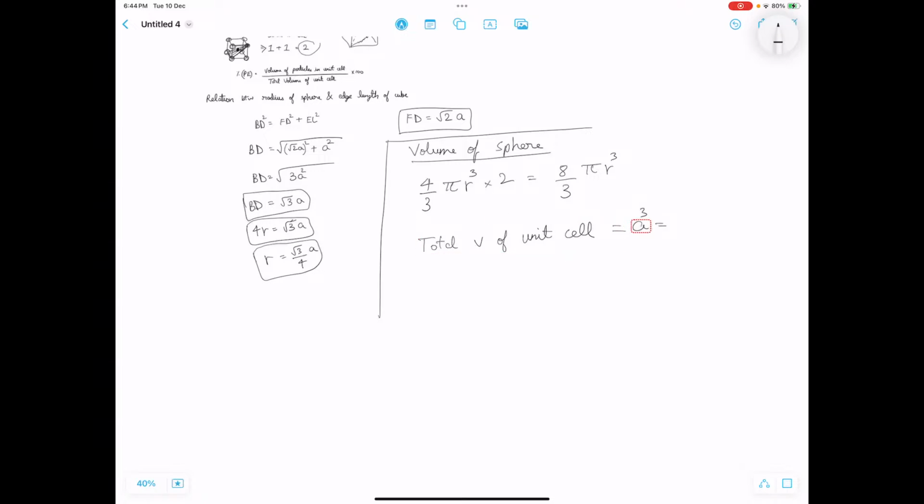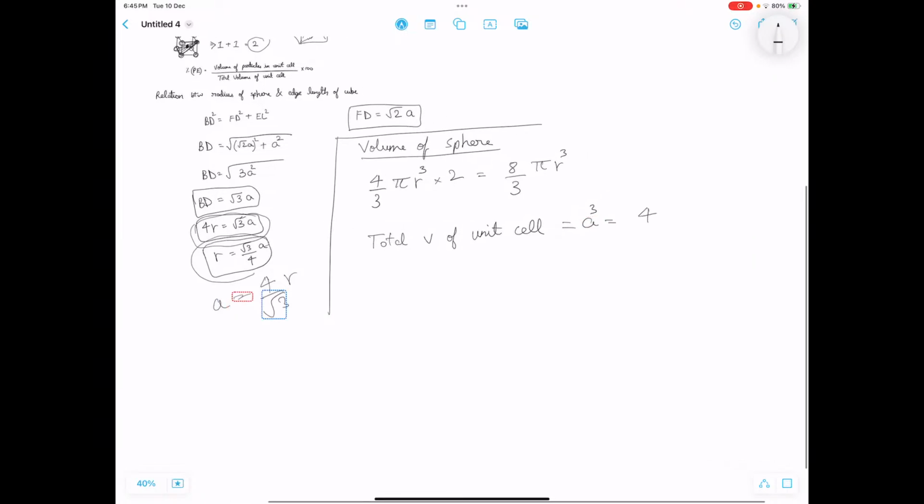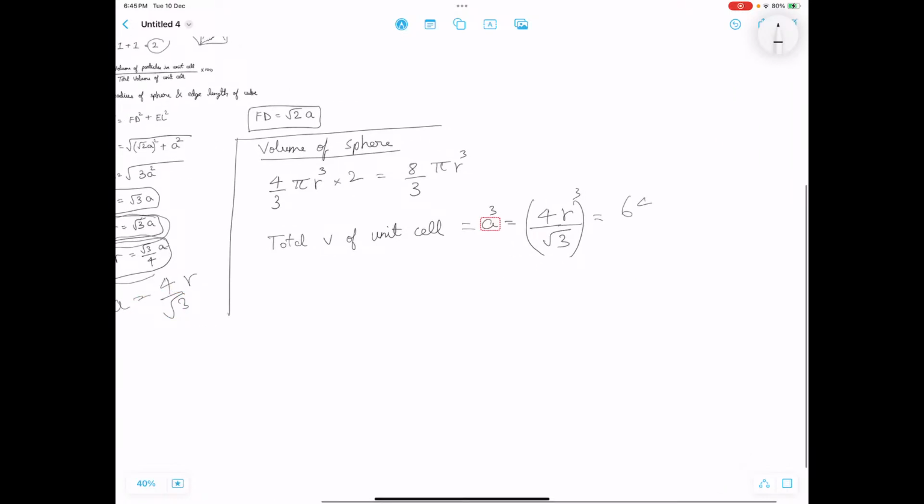We can take the value of a from this equation and get a is equal to 4 by root 3 r. So a cube is 4 by root 3 r the whole cube. So we come out with 4 cube, 64 r cube by 3 root 3.